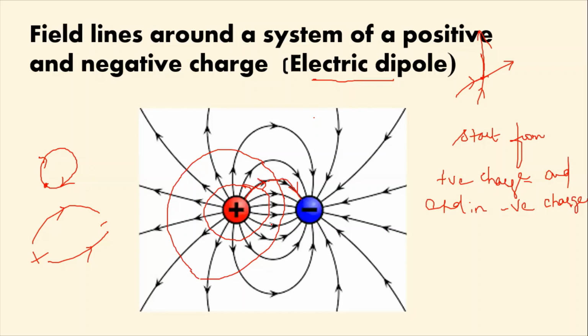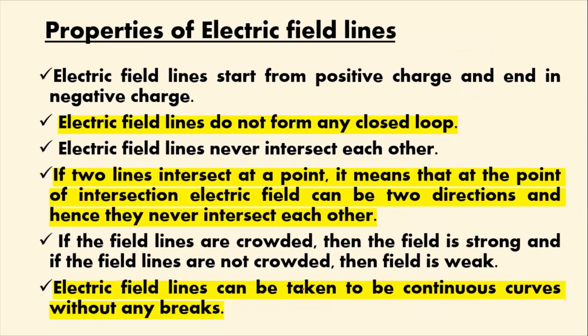And electric field lines are continuous curves. There will not be any breaks in between or discontinuity. You can see they are continuous curves. They are coming towards the negative charge continuously. They start from the positive charge and they end in the negative charge. So here we have summarized all the properties of electric field lines.